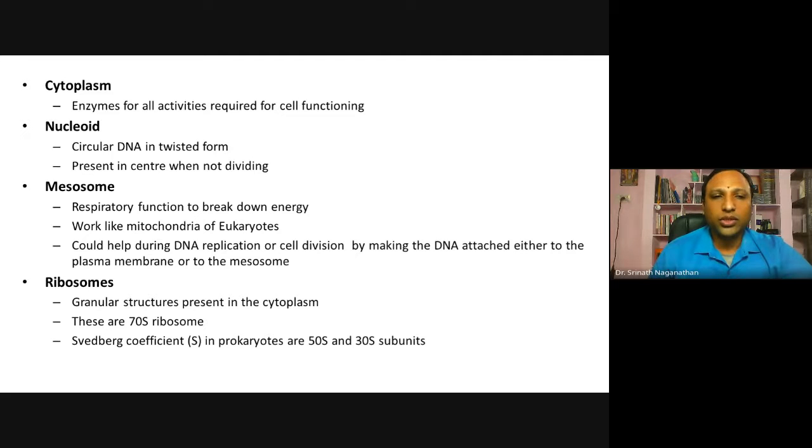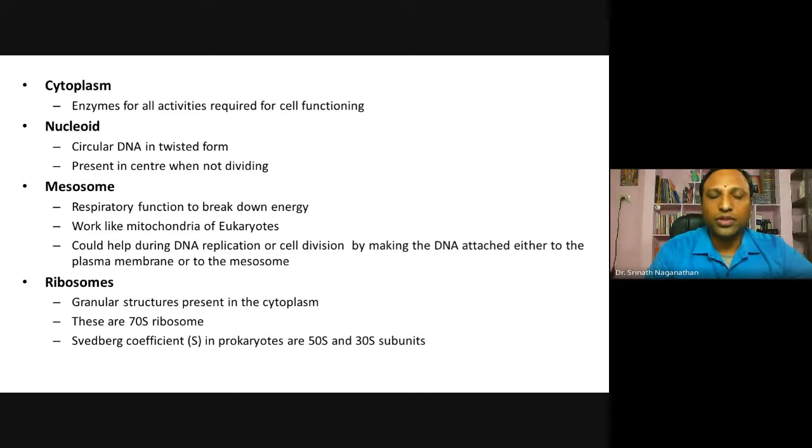Mesosome. Mesosome has respiratory function, to break down energy. It works like the mitochondria of eukaryotes. They also help during DNA replication or cell division by making the DNA attached either to the plasma membrane or to the mesosome.